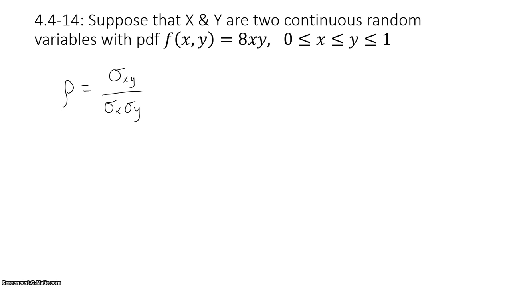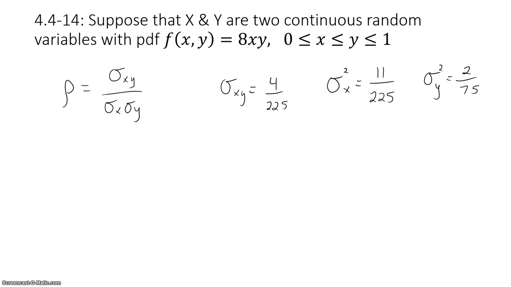Now for the correlation, we're going to need to take that covariance that we just calculated and divide it by the standard deviation of x times the standard deviation of y. I just calculated the covariance of x and y is 4/225. The variance of x is 11/225. The variance of y is 2/75. I calculated those before.